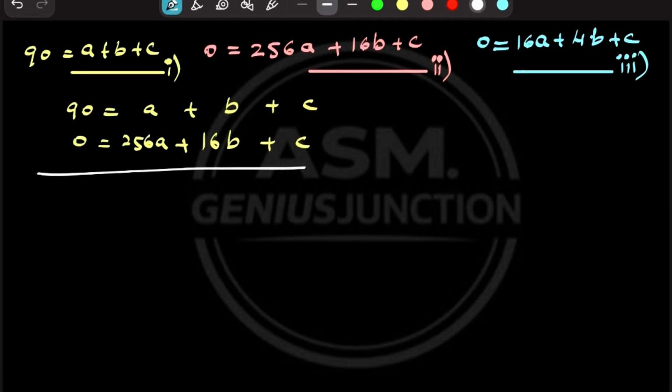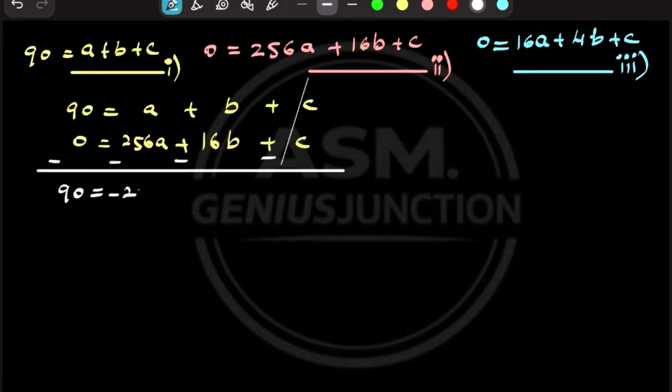We are going to subtract these two equations to get an equation in terms of a and b, because the term c cancels. So we have our final answer for this one as 90 equals minus 255a minus 15b. Let's say this is our equation number 4 now.